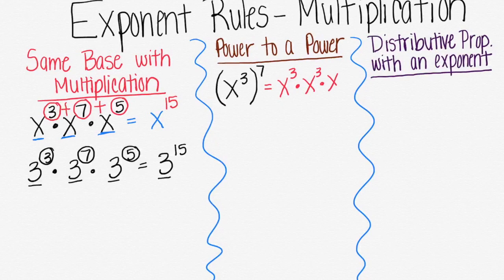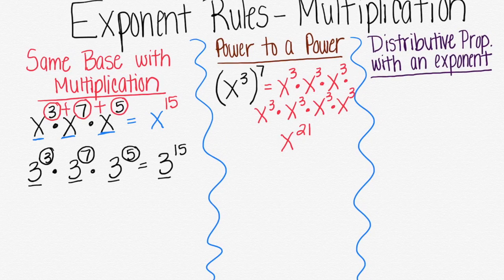And so technically, we would write this out 7 times, just like that. And if you added all of those exponents up, you would have x to the 21st power.